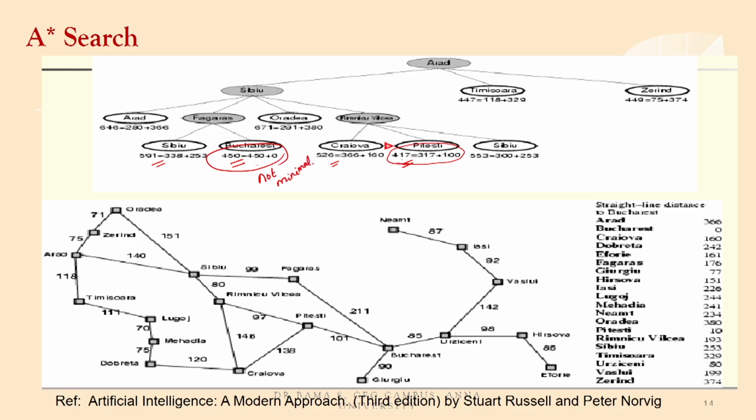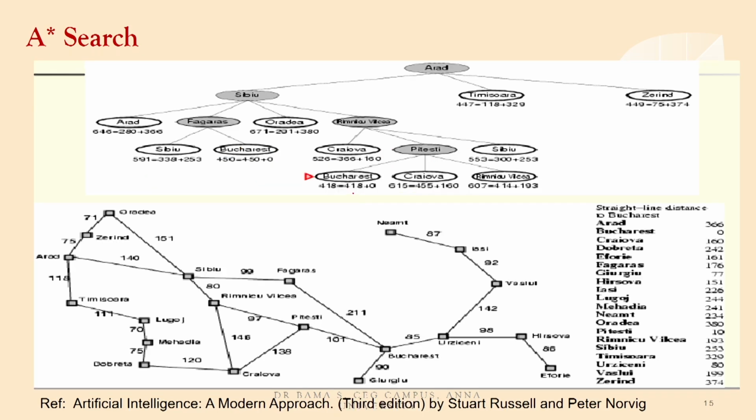In the priority queue, we will have these values 591, 450, 526, 417 and 553. There only this is going to be the minimal. Although this is the goal, this is not minimal. So, in this stage this place will be branched out, and once this is branched out, if we see at the end this has the lowest cost, which is 418.